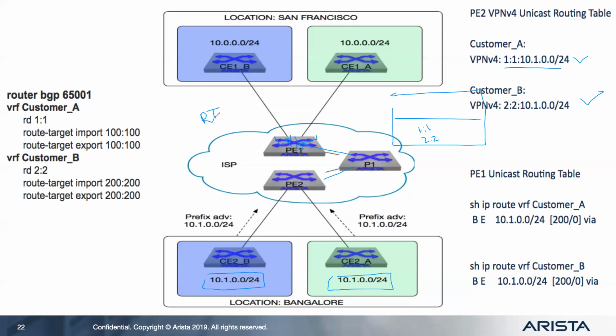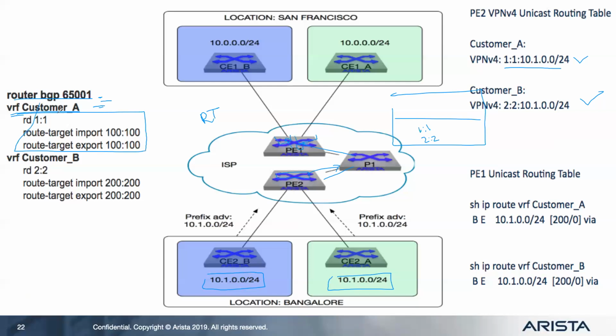Okay? So what we do is, we use a route target. When you advertise this route from here to P1, this is the EVPN configuration. Under router BGP, we have all the neighborship configuration.